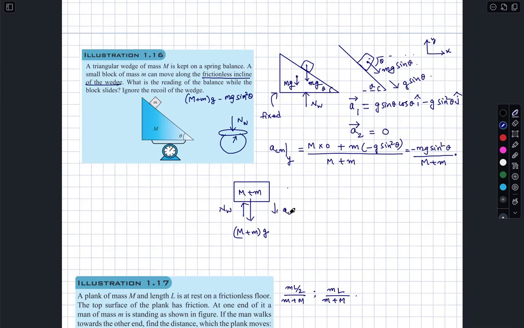As a result, you can write capital M plus small m g minus N wedge is capital M plus small m times ACMY. Finally, N wedge is capital M plus small m g minus mg sine square theta. Here the minus sign indicates direction.